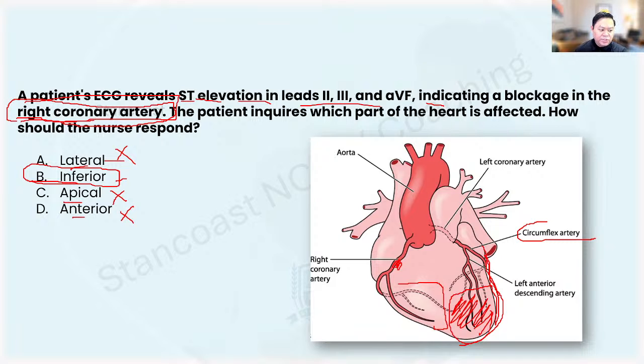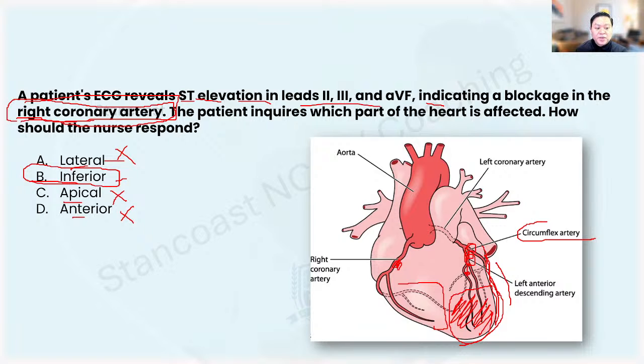So I didn't mean to trick you guys, but this is to check if you had knowledge about the different branches of the coronary artery. So keep in mind that when you have a patient that has an MI in the anterior wall or the lateral side pertaining to the left, or the posterior wall, think about the blood supply that is going to be obstructed right here in the LAD, or it could be the circumflex.